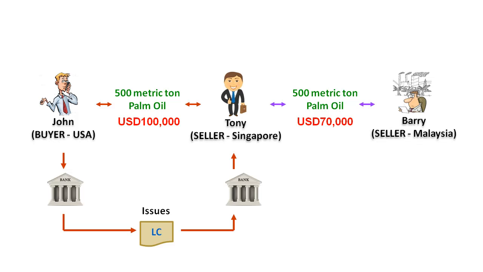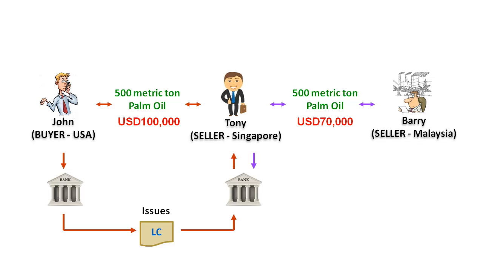Now, Tony has another problem. He doesn't have enough cash to pay Barry, that is USD 70,000. All he has is a piece of LC that he received from John. So Tony goes to his bank and tries to arrange for some kind of payment arrangement to pay Barry based on the LC he received from John.